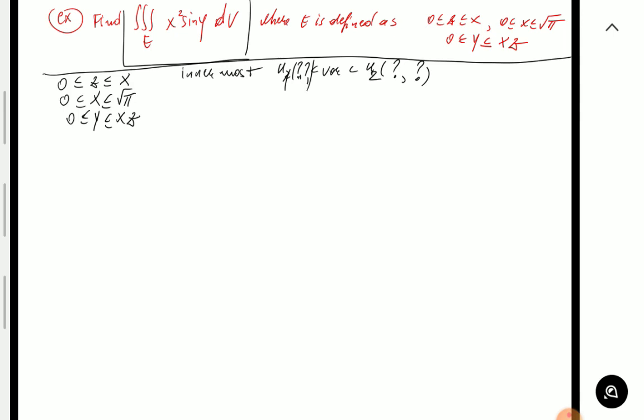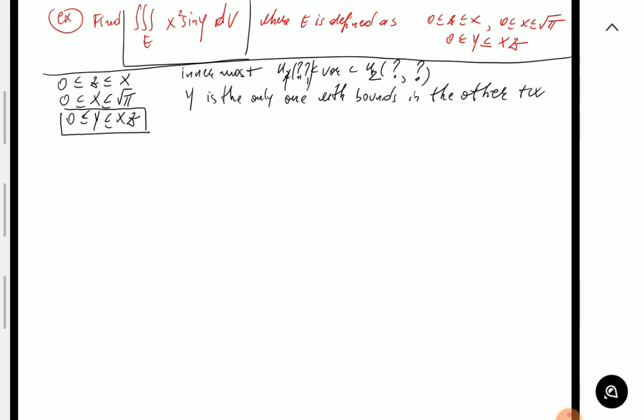If you look at the bounds presented here on the left side, it's pretty obvious that y has bounds dependent on the other two variables. So y is the only one with bounds in the other two.